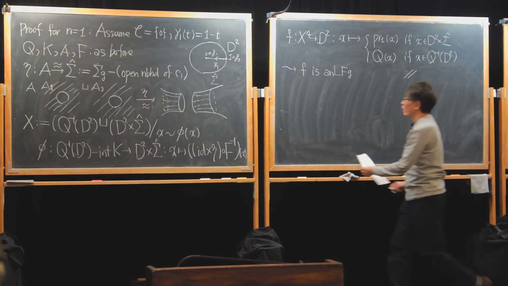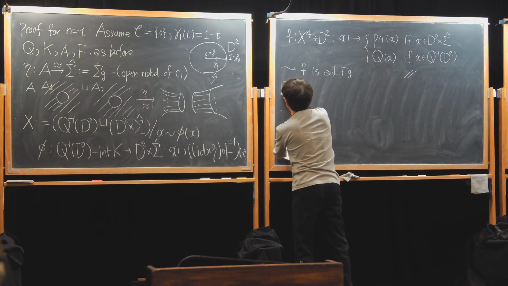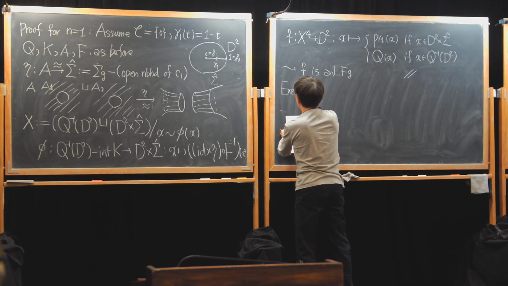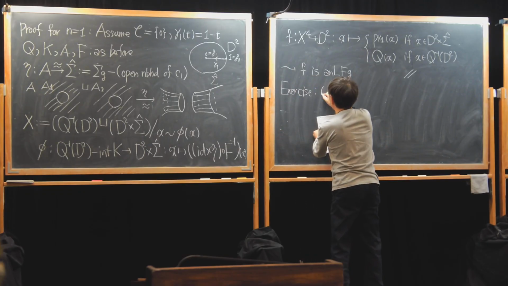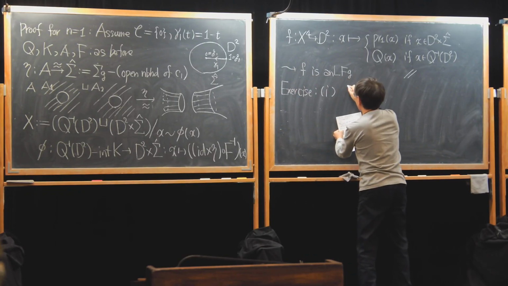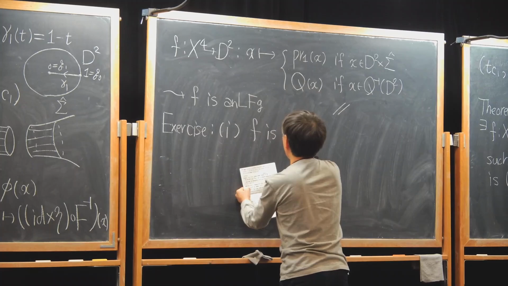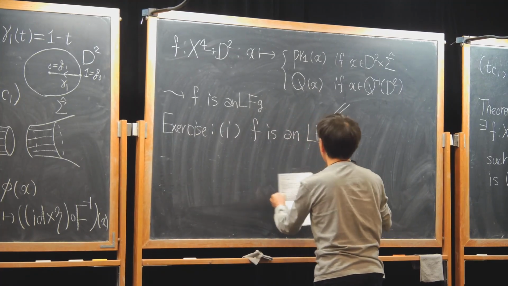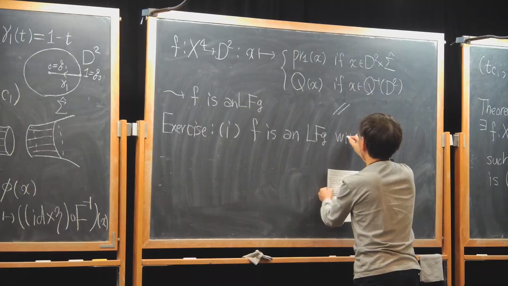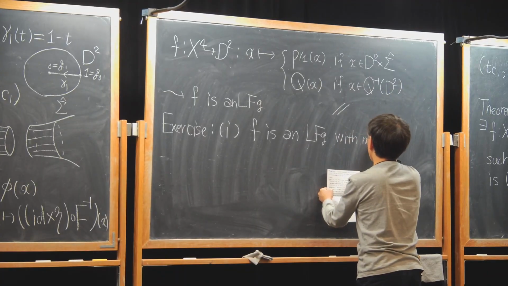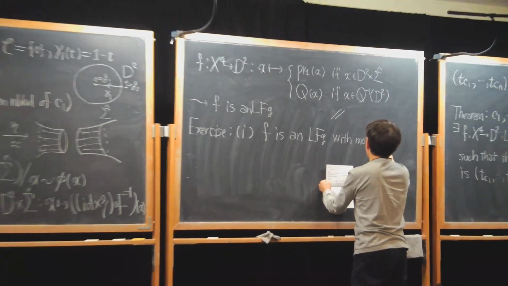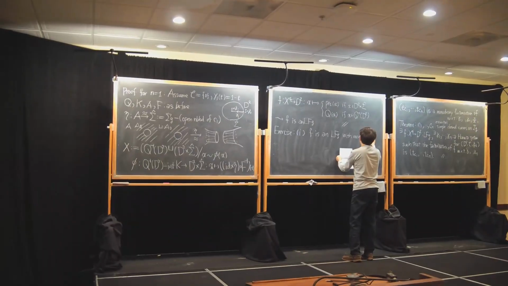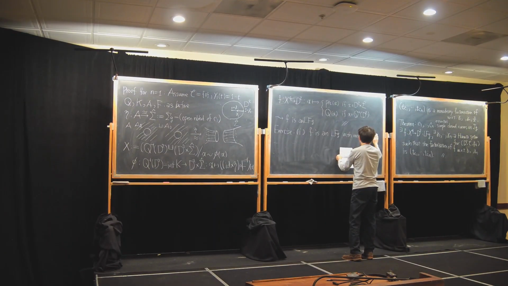And I'd like to give you an exercise, or two exercises. So please check that F is an LFG with monodromy TC1.